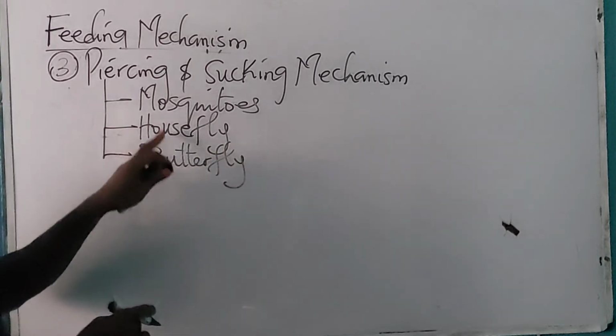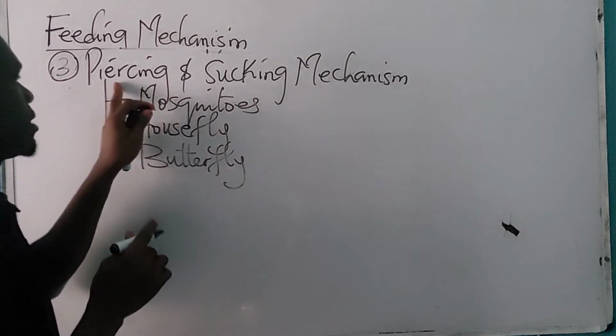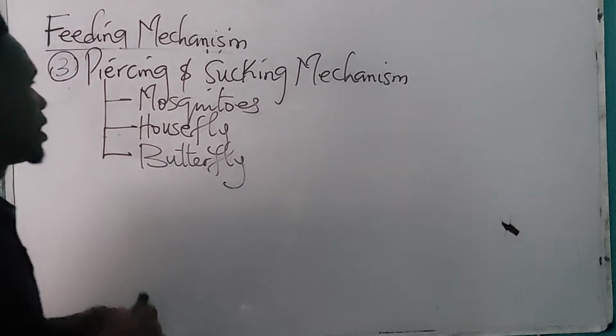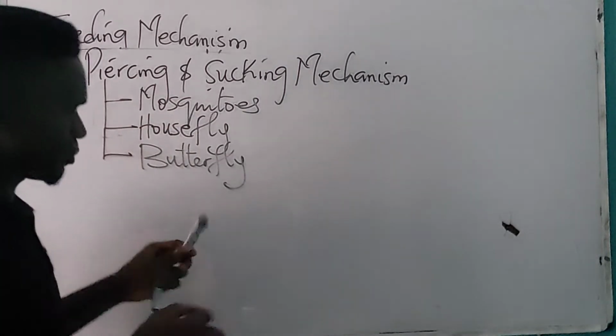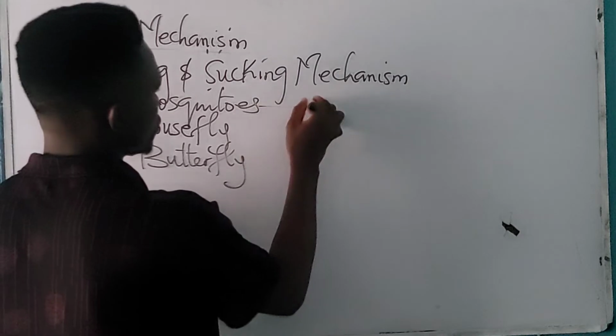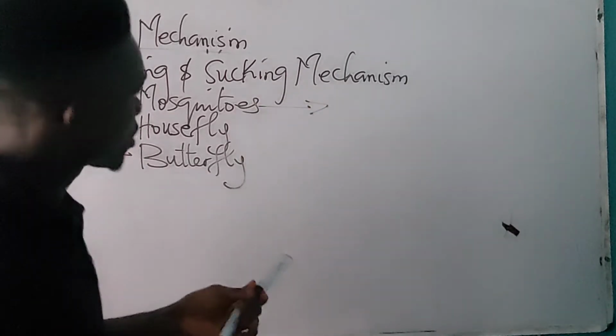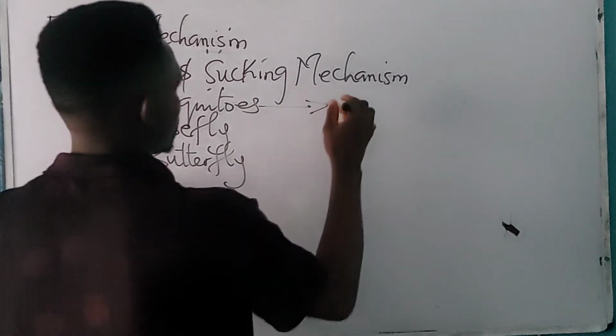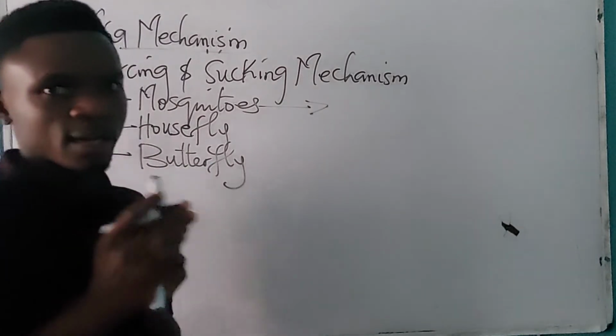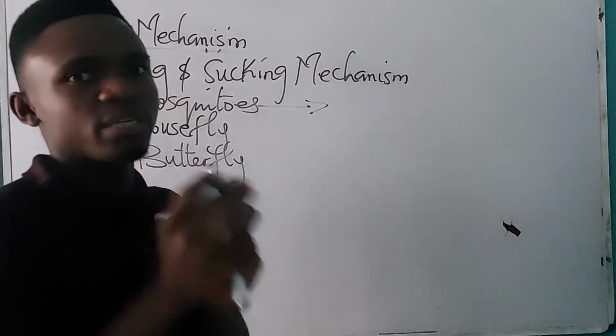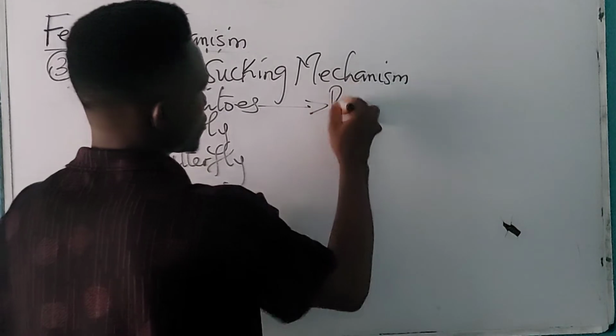Now, these organisms exhibit piercing and sucking what? Mechanism. Now, mosquitoes, for example, have a piercing organ. It possesses a piercing organ called proboscis.